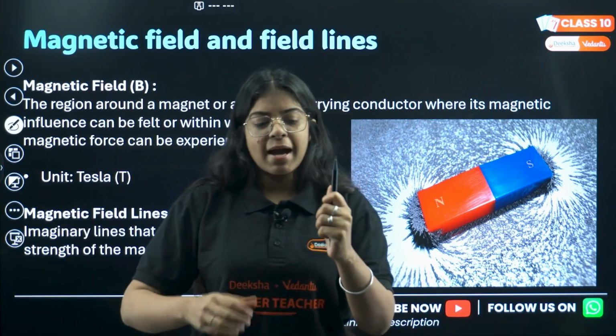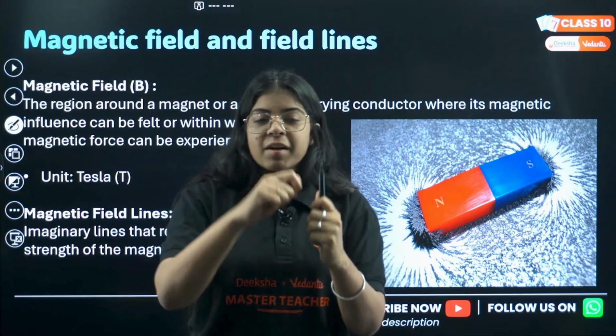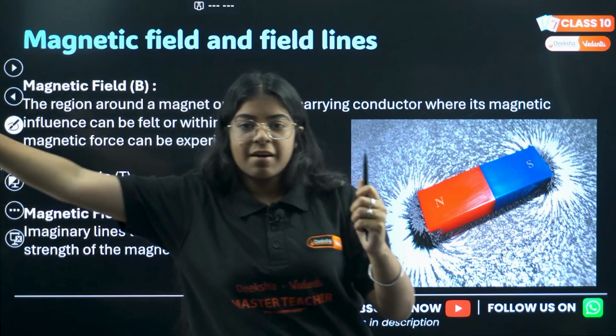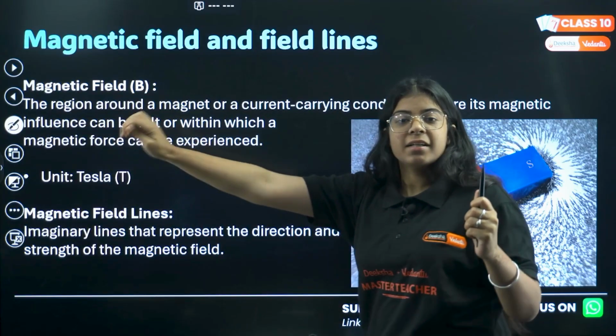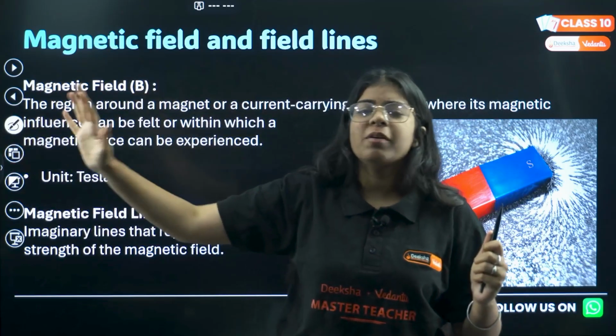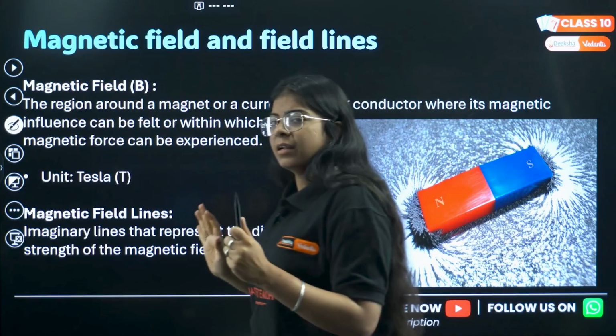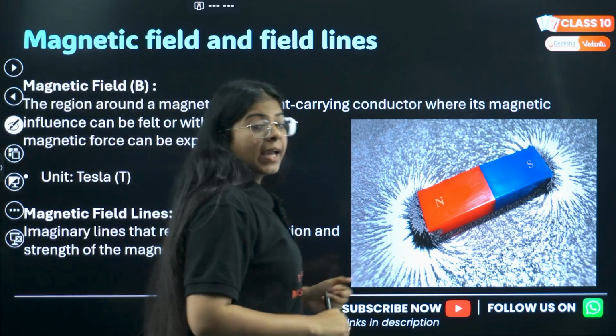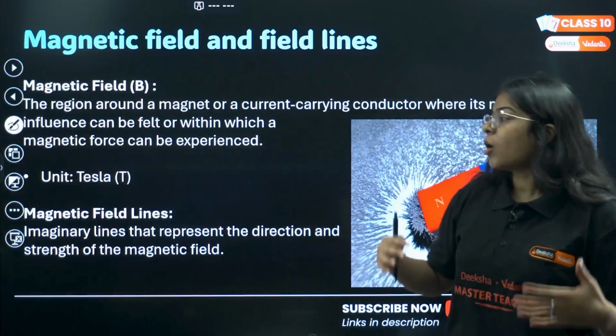If this is my magnet and this is my iron, if I place it here, it's getting attracted. But if I take it a certain distance away, the effect of the magnet won't be visible on the iron. Okay, got that point?